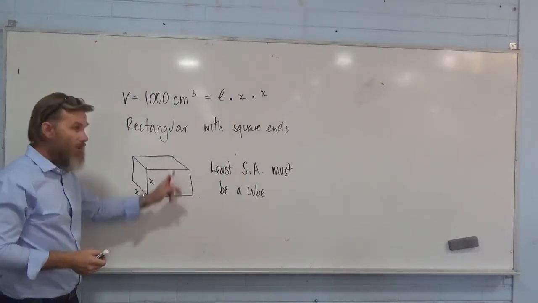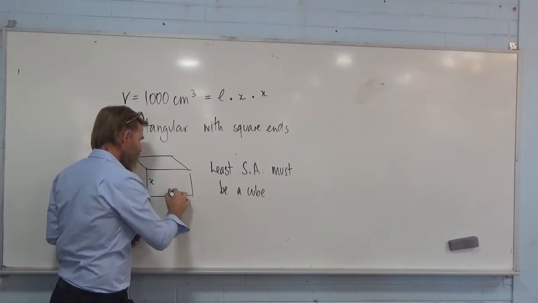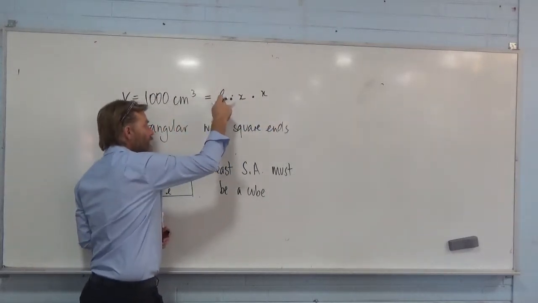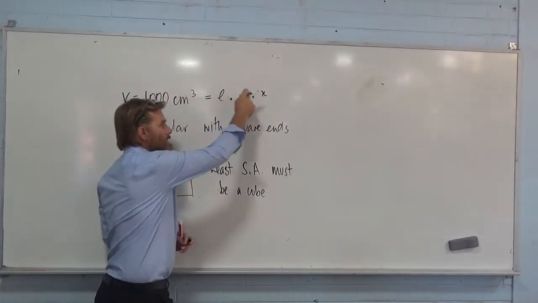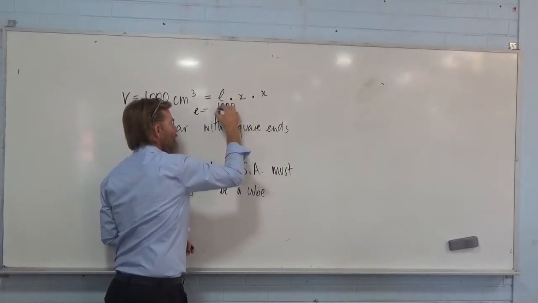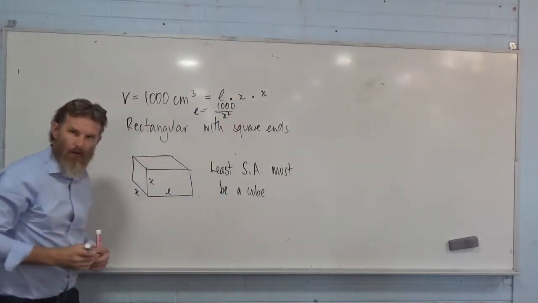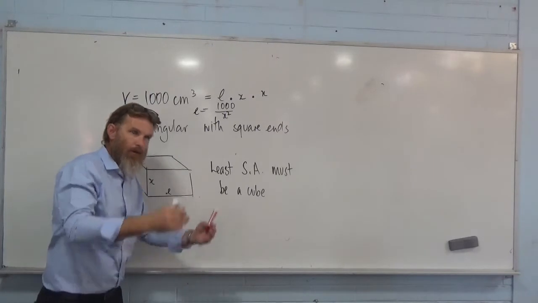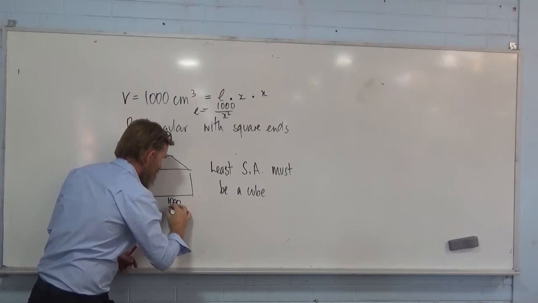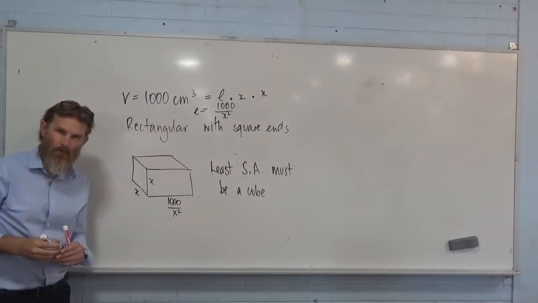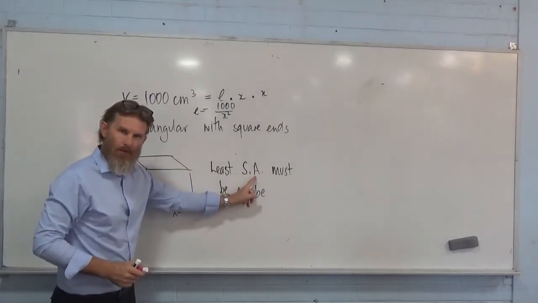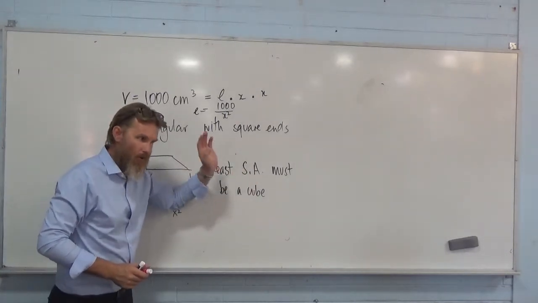And this distance here, which in that formula is the length, couldn't I rearrange this to get length equals 1,000 divided by x squared? So length equals 1,000 divided by x squared. So now I have the length in terms of x. So here, this is going to be 1,000 divided by x squared. Hopefully that's making sense.